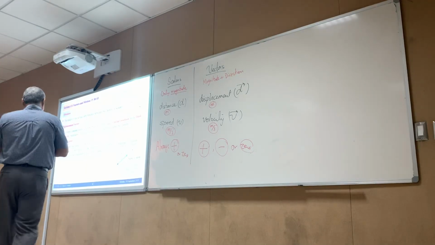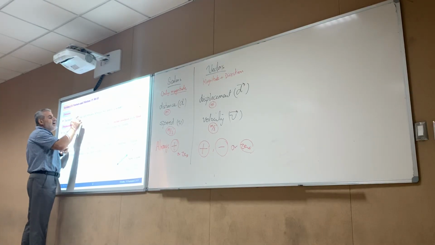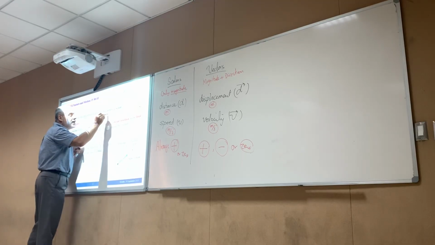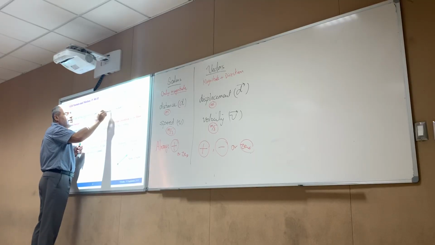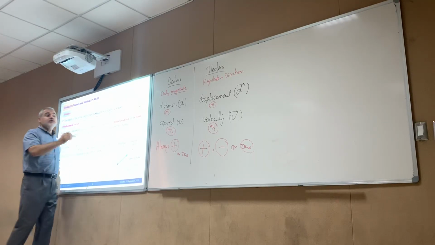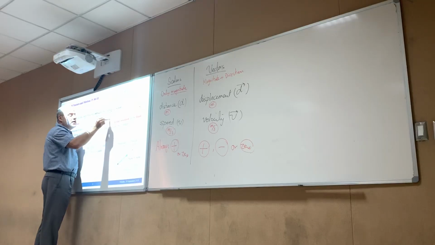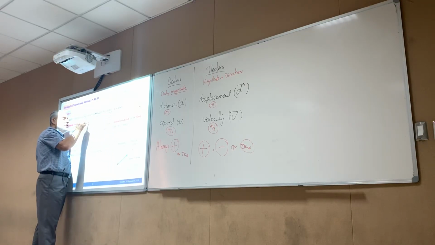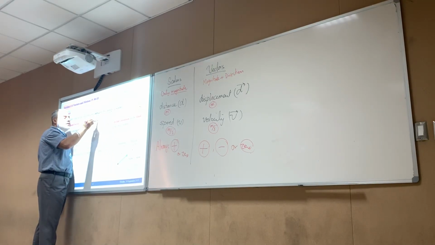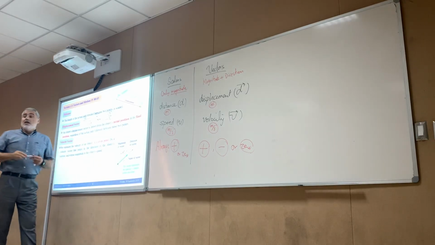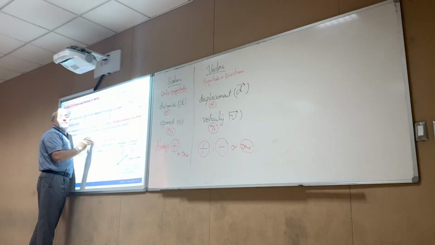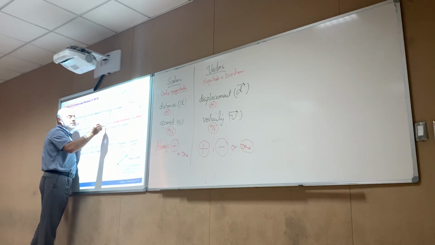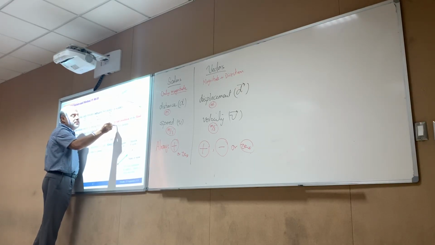Now let me give you an example. Suppose an object starts moving from point A, moves to the right, and travels 100 meters to point B. Then it returns from point B 70 meters to point C. In this situation, the distance is 100 plus 70, which is 170 meters.